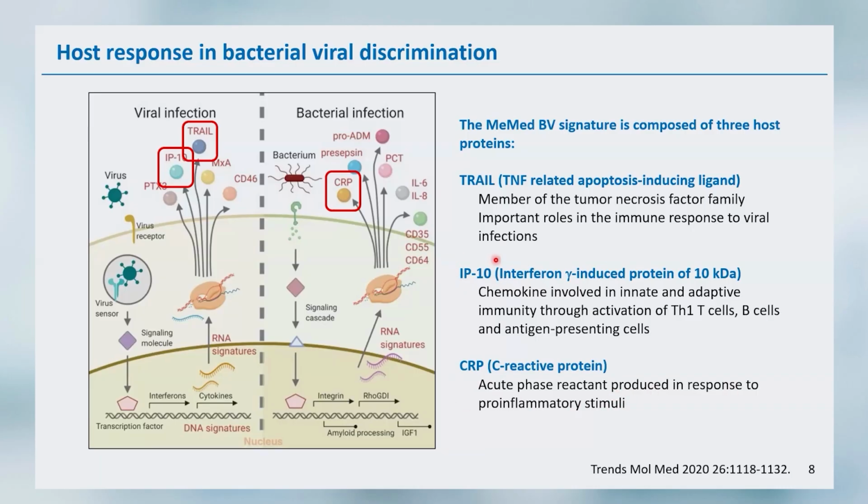And IP10 is a chemokine involved in innate and adaptive immunity. It's these three molecules, not a fourth, not only two, but these three and these three alone that constitute the MeMed-BV signature. And the test measures the serum concentrations of these molecules, and then through an algorithm generates a score between 0 and 100 that largely corresponds to the likelihood of bacterial infection, and I'll discuss that in a minute.